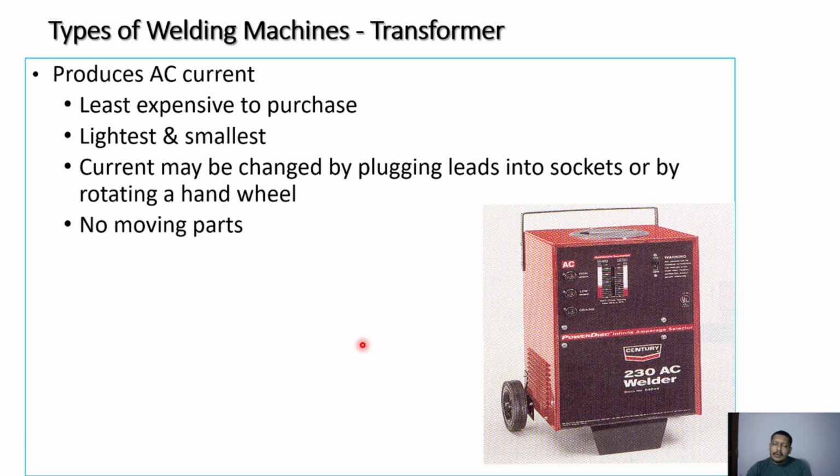The purpose of the transformer is to step down the voltage from 220 or 440 volts to the range of 16 to 36 volts, and the current will be enhanced to the order of 100 to 300 or 400 amps. So all welding transformers are basically step down transformers. In all welding processes, voltage will be lower and current will be higher.